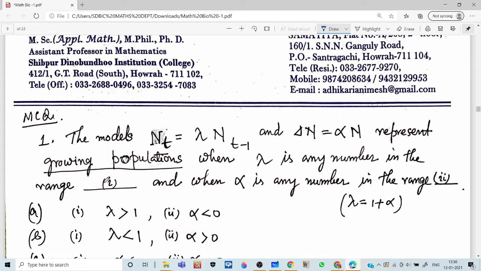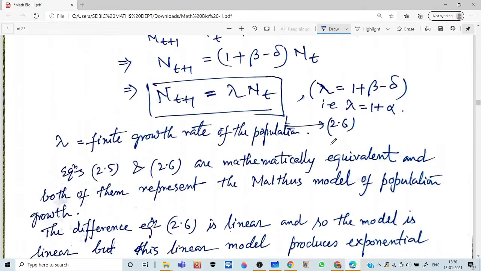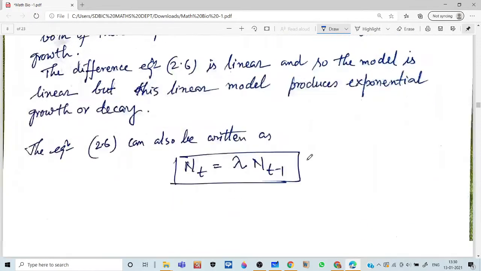You have to determine the values for 1 and 2: in 1 you have to find the range of lambda, and in 2 the range of alpha, where alpha is given by beta minus delta, and lambda is given by 1 plus alpha, the finite growth rate of the population.